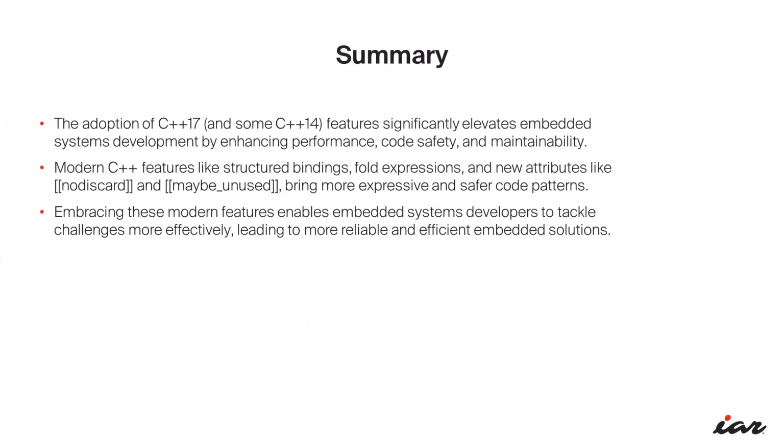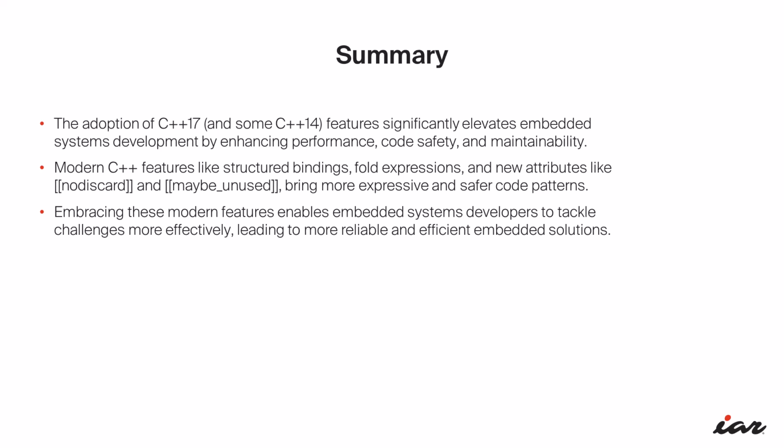We have now reached the end and it's time to summarize a little bit. As you have seen, C++ 17 comes with a lot of nice features that will elevate embedded systems development, both in performance terms, and make your code more safe and also make it easier to maintain.